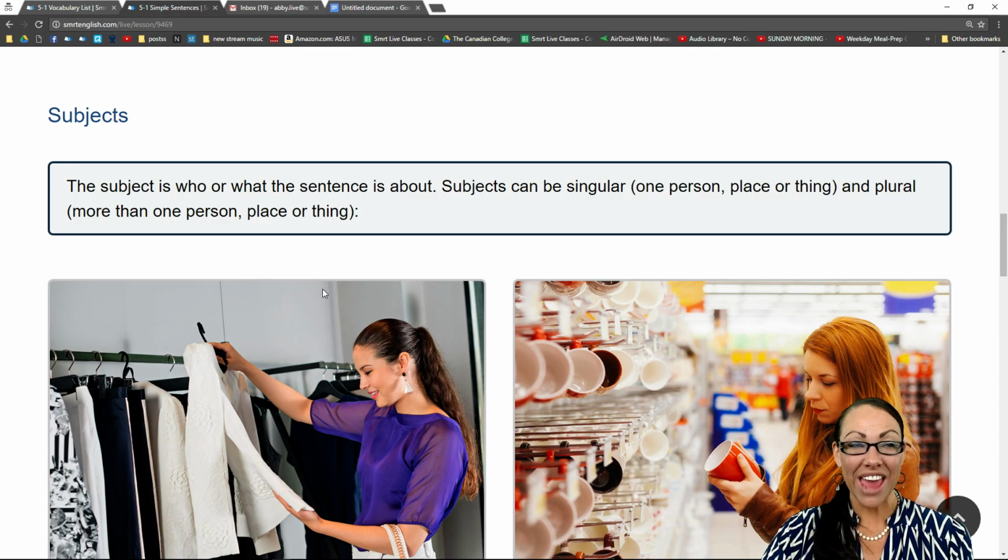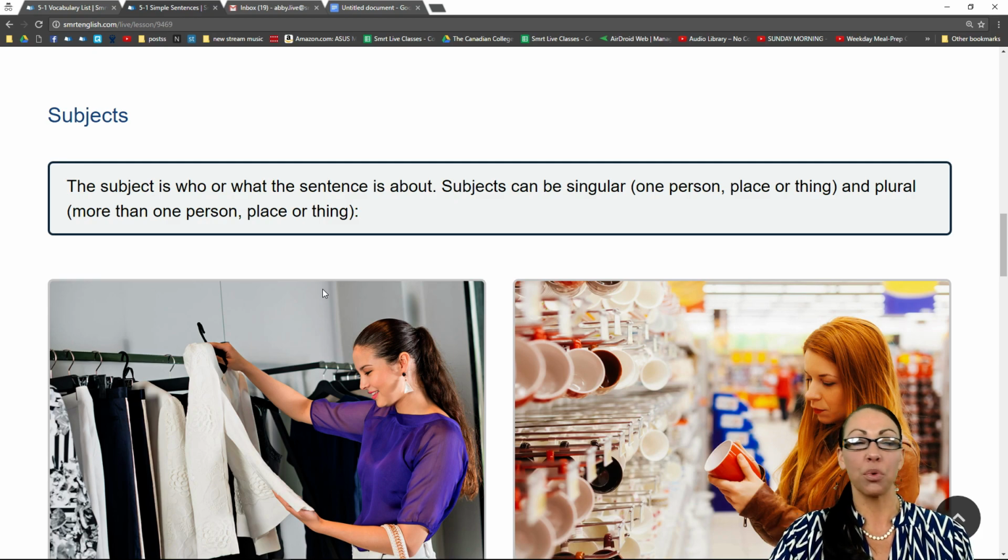Subjects. So again, the subject is who or what the sentence is about. Subjects can be singular, so it can be one person, place, or thing, and plural. So plural, more than one. So more than one person, place, or thing.